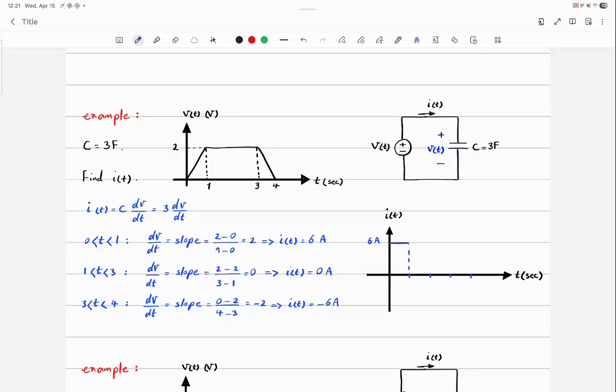That's 6 amps. And negative 6 amps. Okay?